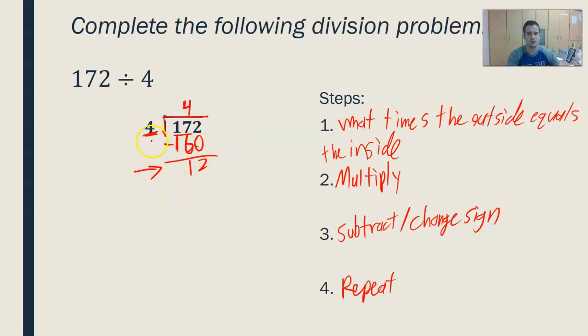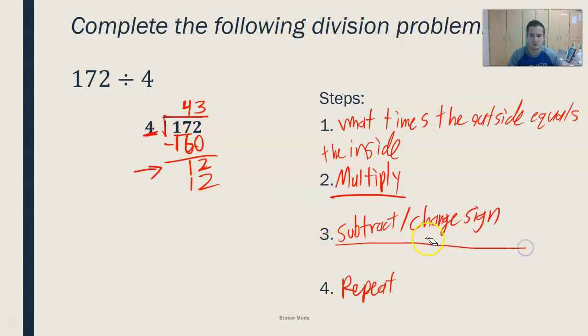So now I need to determine what times 4 is going to give me 12, or a number less than 12. So 4 goes into 12 3 times. So I've determined what times the outside equals the inside. That's 3. And then I'm going to multiply 3 times 4 to give me 12.